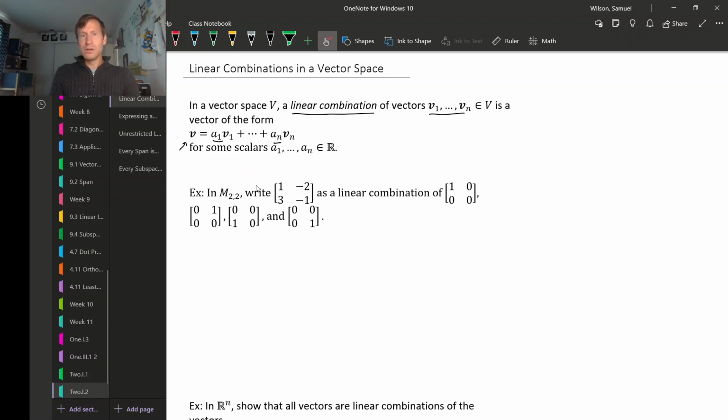So for example, in the vector space of 2x2 matrices, let's write this matrix, 1 -2, 3 -1, as a linear combination of all of these other matrices.